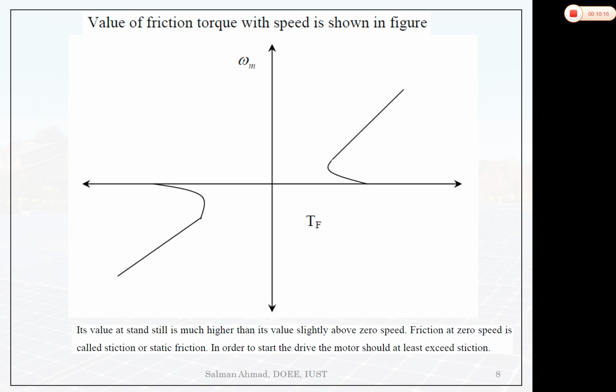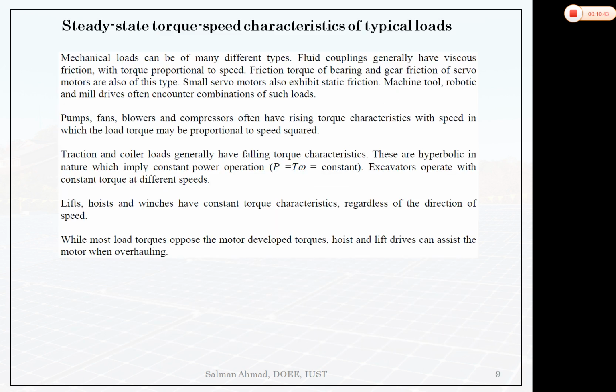You can see that at very low speed the torque is high. This is because of the static friction. But as the speed goes up, the static friction comes down, but viscous friction is increasing. So after this speed, the torque increases because of the presence of viscous friction, which is proportional to the speed of the system.